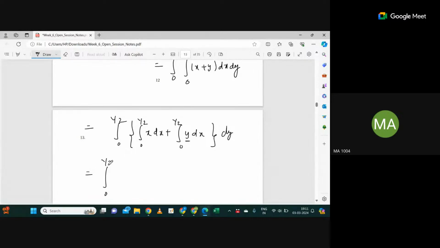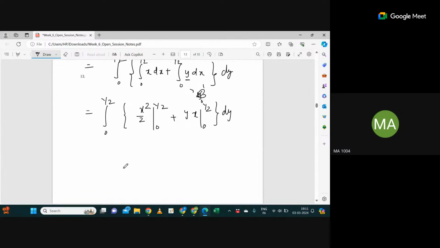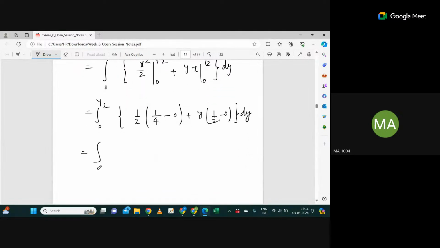So 0 to 1 by 2, it will be x square by 2, 0 to half, plus y is a constant, then we integrate, it will be y times x, 0 to half, dy. Now if you see, 1 by 2 is there already, and 1 by 2 squared means 1 by 4, minus 0, plus y times 1 by 2 minus 0, dy. Can I skip some steps?